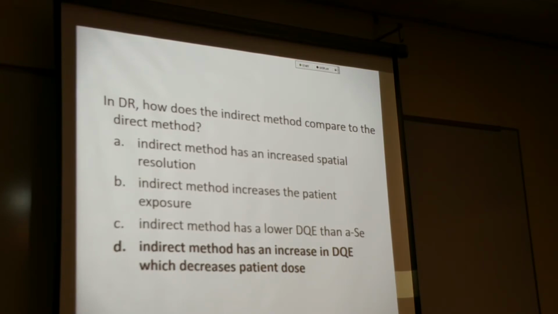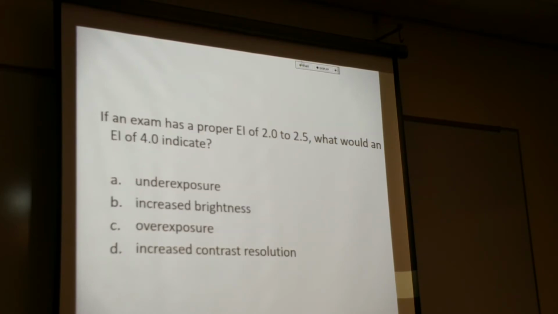One X-ray photon produces many light photons. That's what DQE means. If one X-ray photon produced just a couple of light photons, it has a low DQE. If one X-ray photon produces a gazillion light photons, it has a high DQE. So it's the conversion from X-rays to light. And we like high DQE. Does that help? Okay, look at this one.